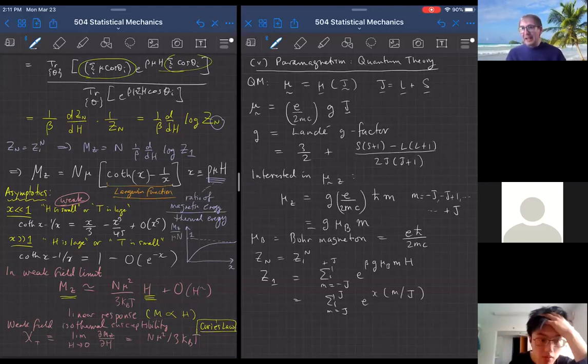I want to normalize m by j because that's the limit of it. And this quantity x is a dimensionless measure of the field energy compared to thermal fluctuations.